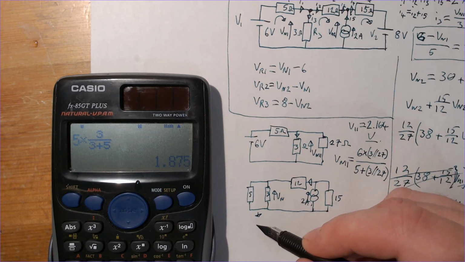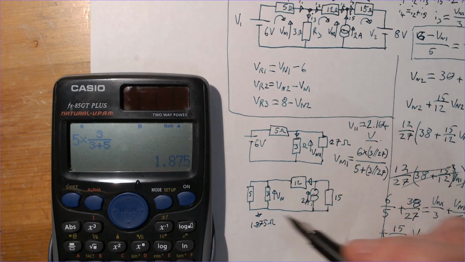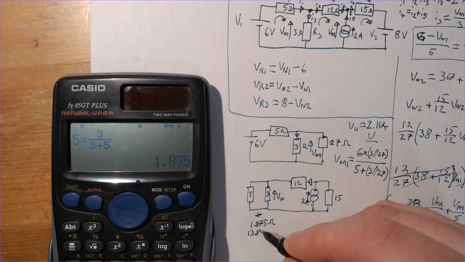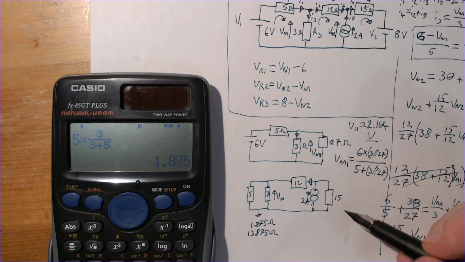This bit's equivalent to 1.875 ohms, and that's 12 ohms, so that whole leg will be 13.875 ohms for this whole bit here, and that's 15 ohms.